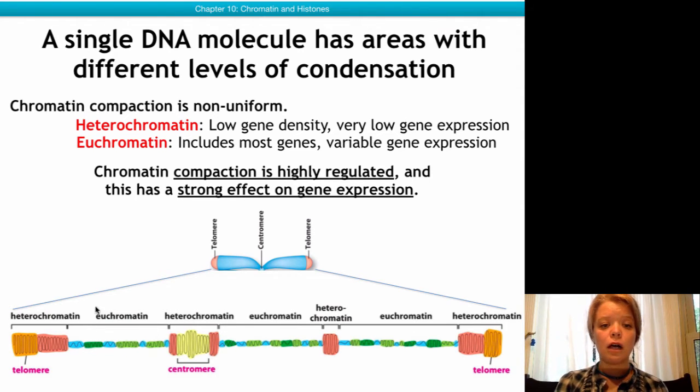Other areas of the chromosome will have regions of less compacted chromatin called euchromatin, and some areas are still going to be compacted, such as heterochromatin. Genes can be found sometimes in heterochromatin, but usually in euchromatin areas, especially genes that are generally expressed by all cells.